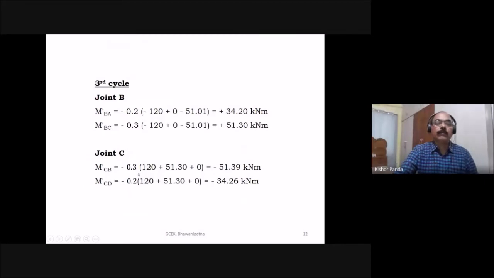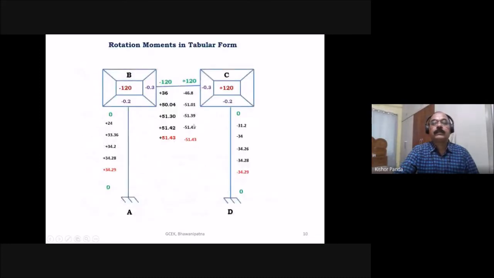M dash CB is equal to minus 0.3 into 120 plus 51.30 plus 0, which is equal to minus 51.39 kilonewton meter, and M dash CD is equal to minus 0.2 into 120 plus 51.30 plus 0, which is minus 34.26 kilonewton meter. This is in the third cycle. This is M dash CB and this is M dash CD.